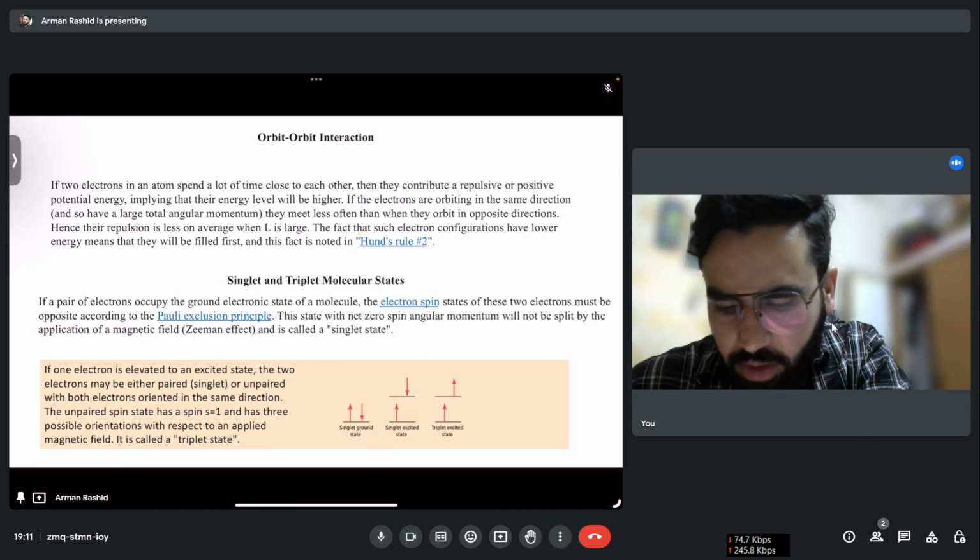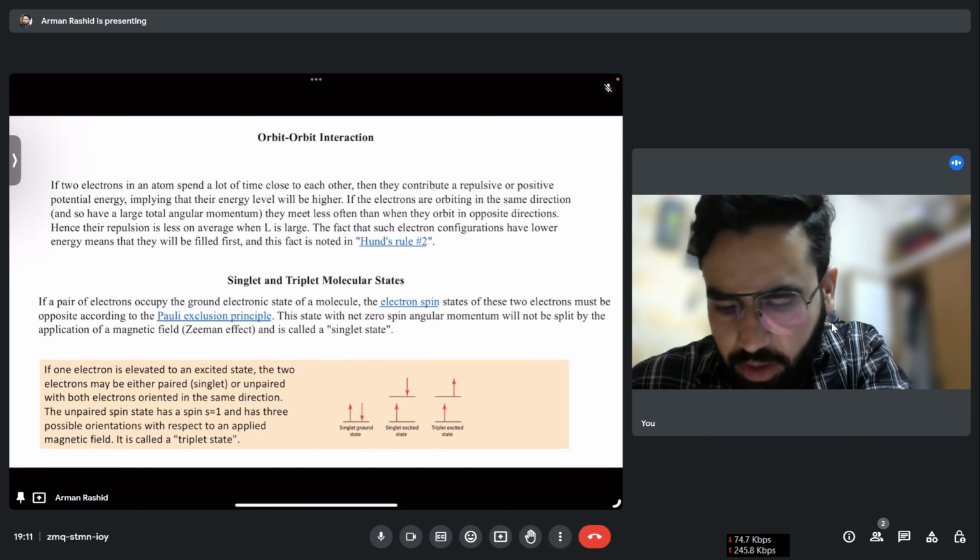So what it actually means is that if we have two electrons, electron 1 and electron 2, these are fermions, so the total wave function psi t must be antisymmetric. Since the spin is the same, the space orbital must be antisymmetric.